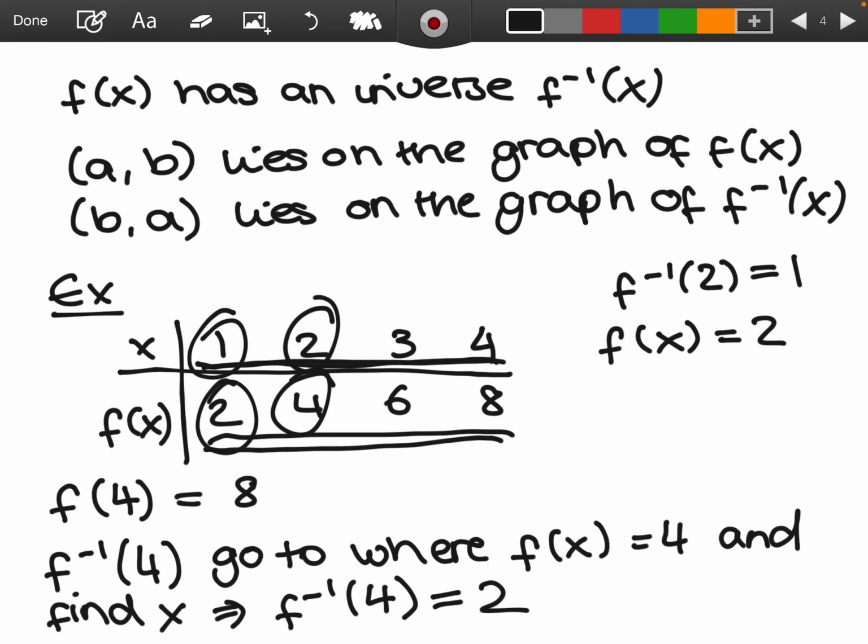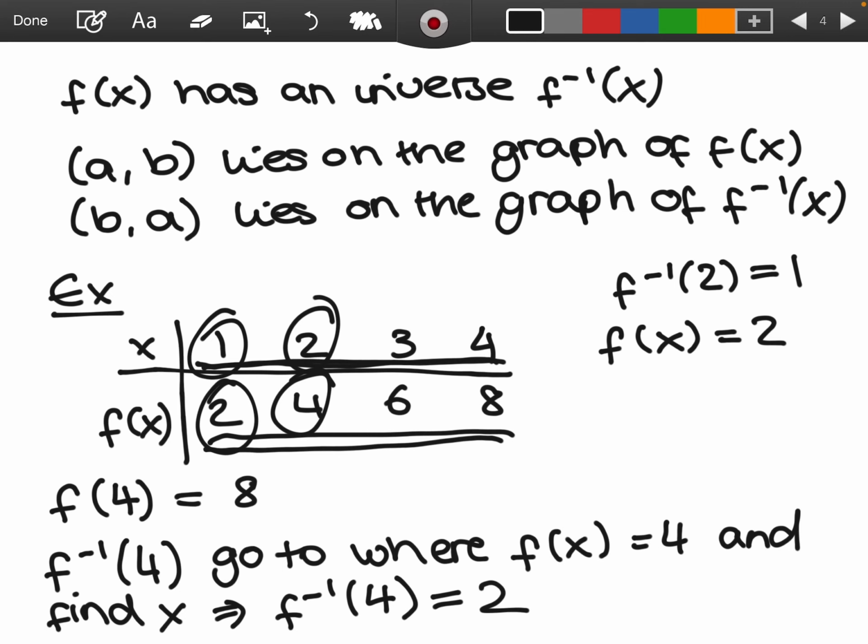So by flipping the coordinates to get the points that are on f inverse, it's the same as reflecting the points that lie on f(x) in the line y equals x. So if I've got the point (a, b) that lies on the graph of f(x), that means I switch the coordinates around, so x and y switch, and those points are on the graph of f inverse of x.